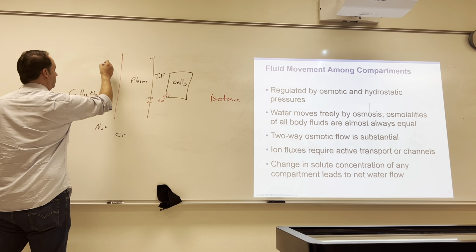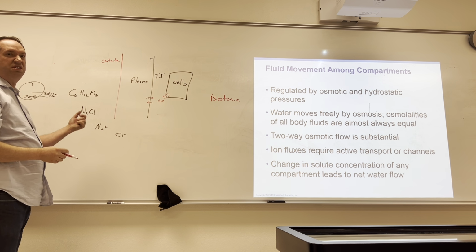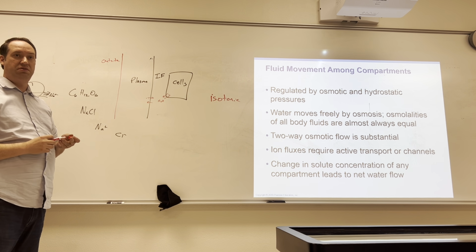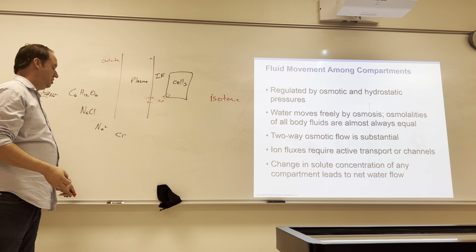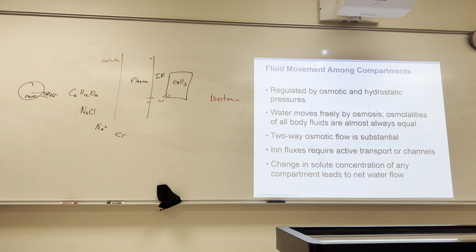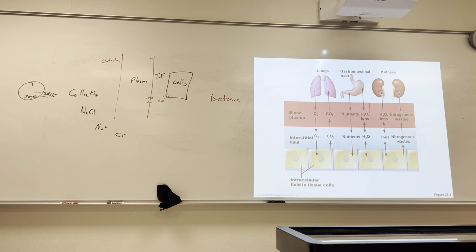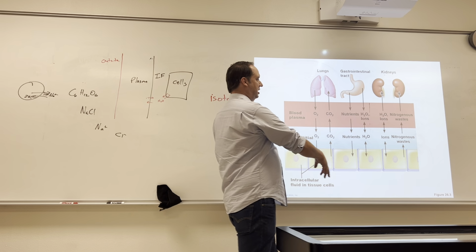Also add the outside here. There's not substantial two-way movement there, unless we zoom way out. If we zoom way out, there is, because you're constantly losing water and you're constantly bringing it in. You can see here oxygen in, carbon dioxide out, nutrients in, waste products out.